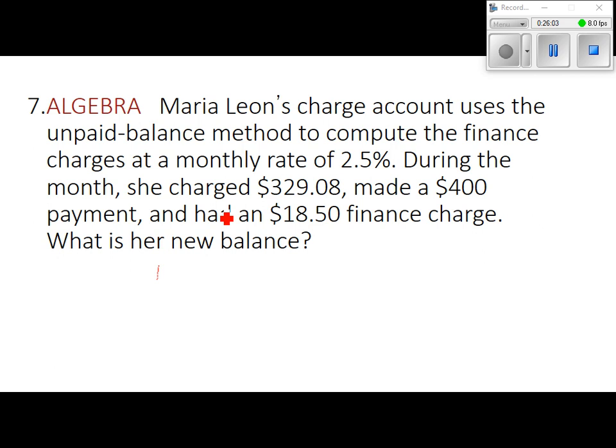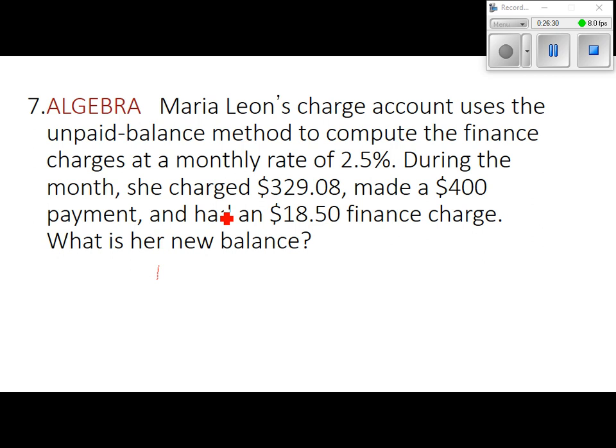Most of them are probably going to look at you like, what? Because you just don't look at it all the time, especially with everything being online now. And so you get your credit card statement, and what do you look at? How much do I owe? That's what you look at. And once you look at that, you don't look back up through there and say, okay, I charged this.